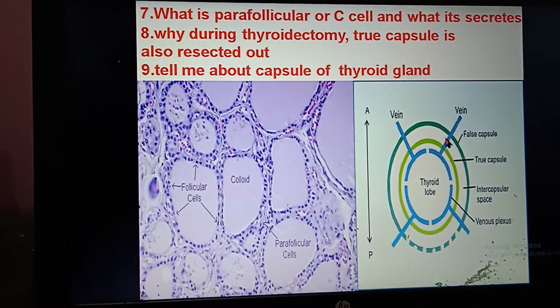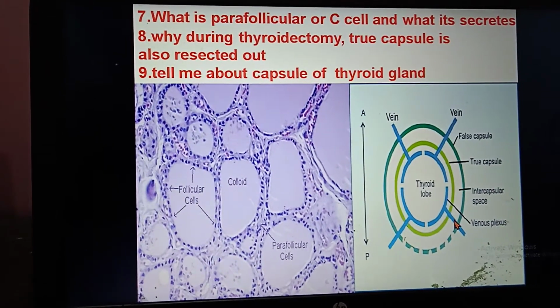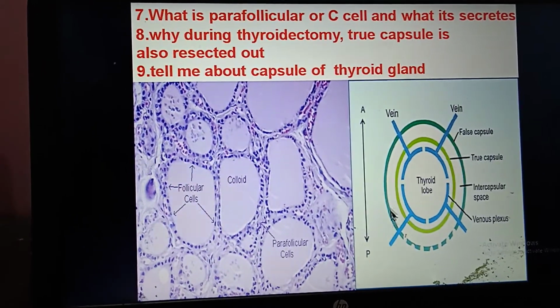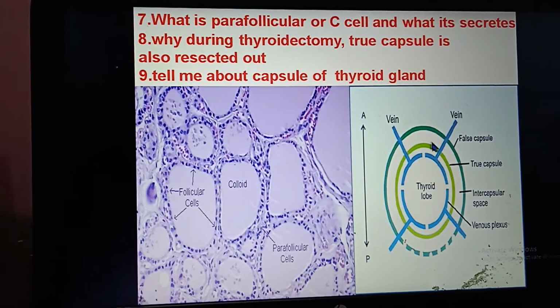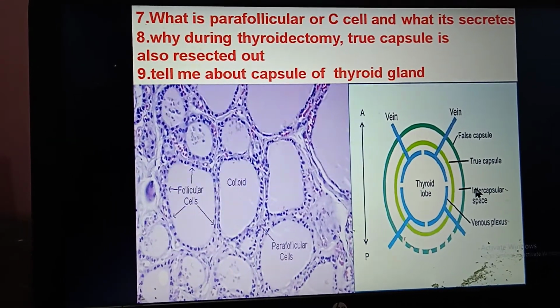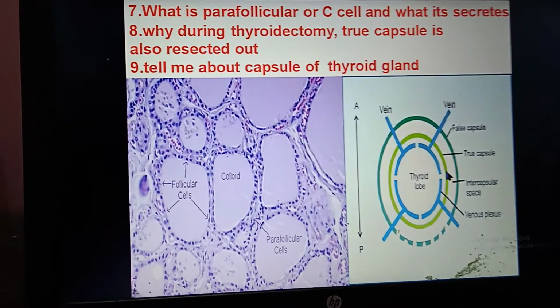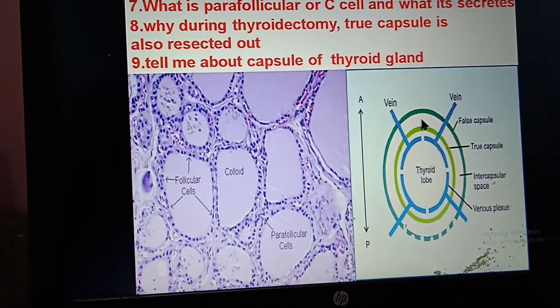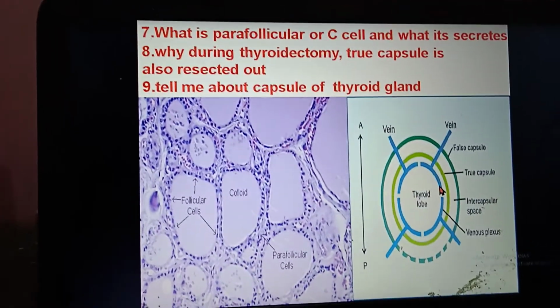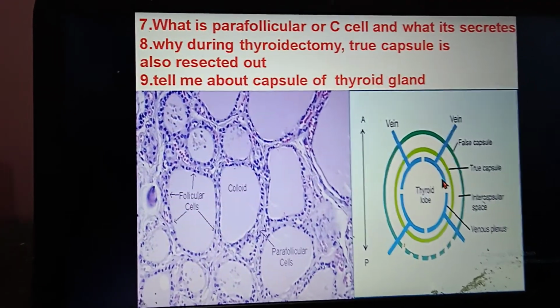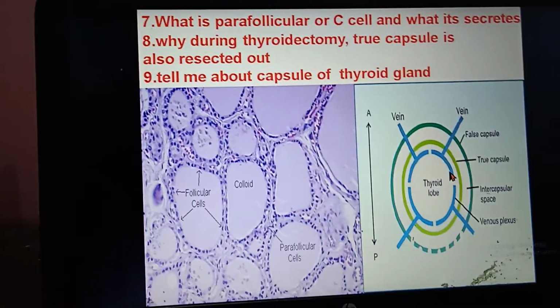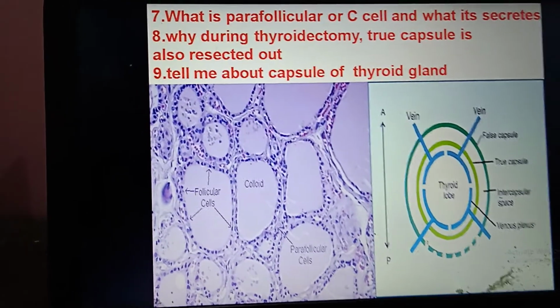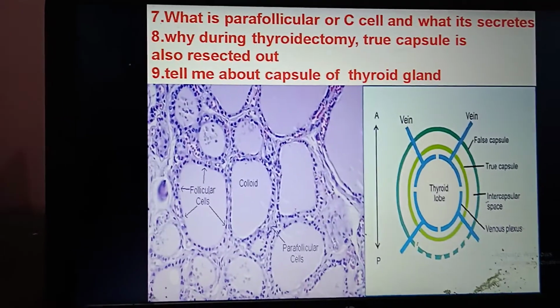The line of resection is like this, where my cursor is going in between these two capsules. So here the mnemonic comes: T will go with T. If we do thyroidectomy, we also resect out the true capsule, just opposite to prostatectomy, the removal of the prostate gland.